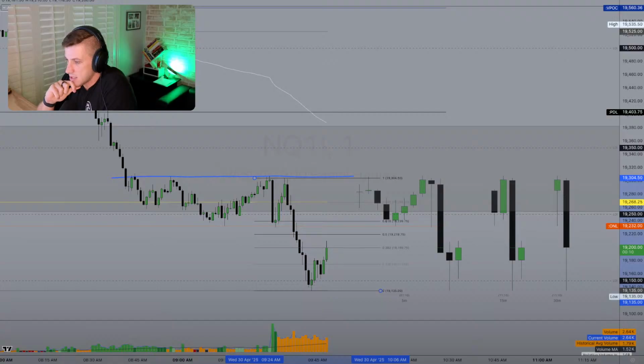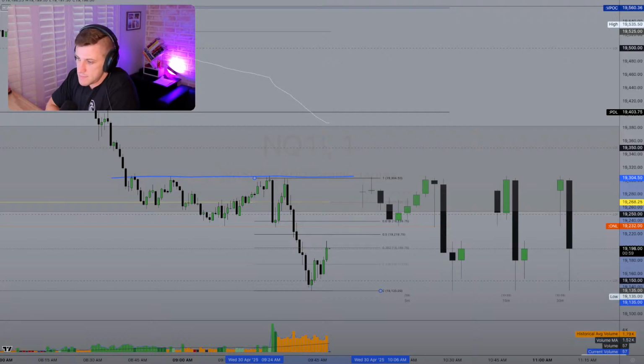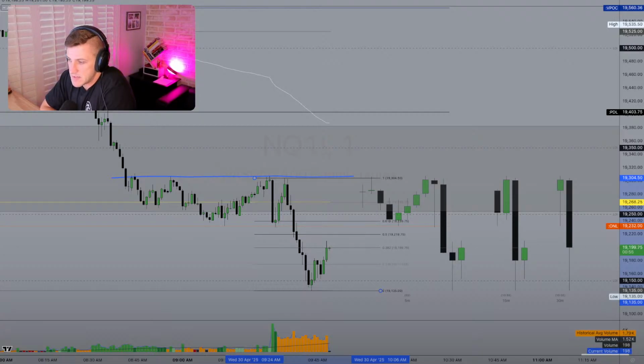Let's see how the overnight low in 19,250 area is going to be treated now. Sellers want to see a rejection there, of course, to defend the near-term range breakdown.